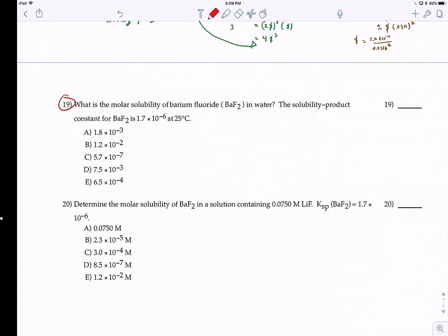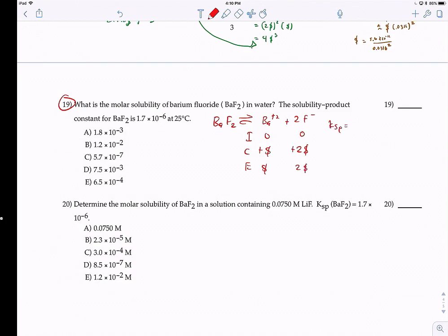Okay, what is the molar solubility of barium fluoride in water? So BaF2 in equilibrium with Ba 2 plus and 2F minus. Initial, change, equilibrium. Initially 0, 0, plus solubility, plus 2 solubilities.